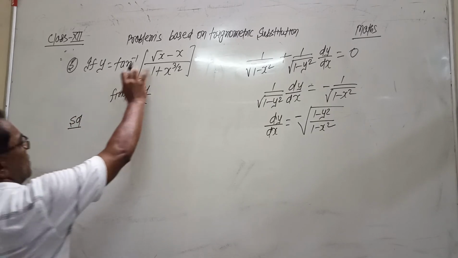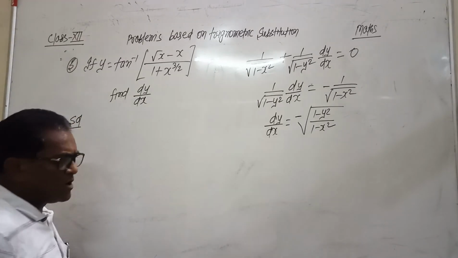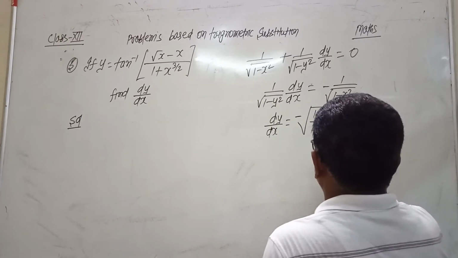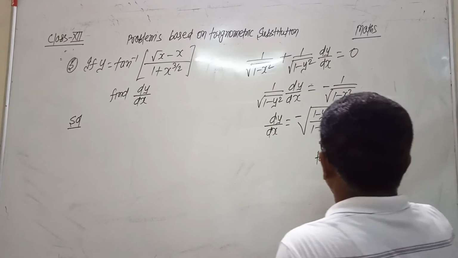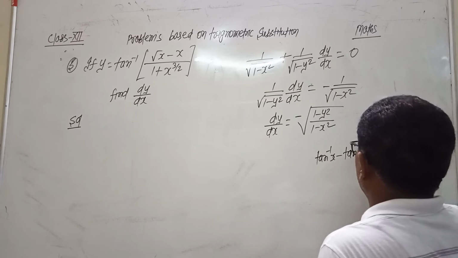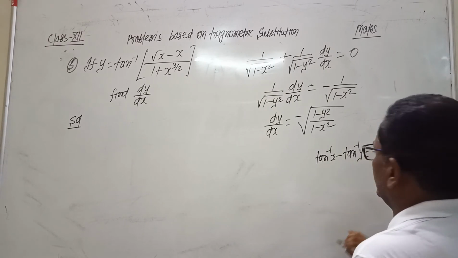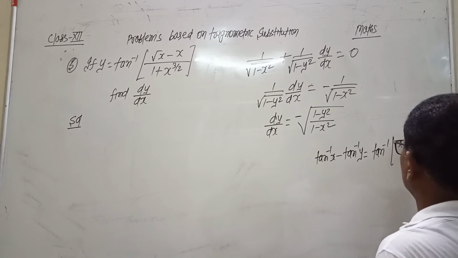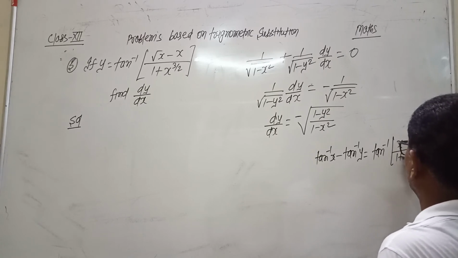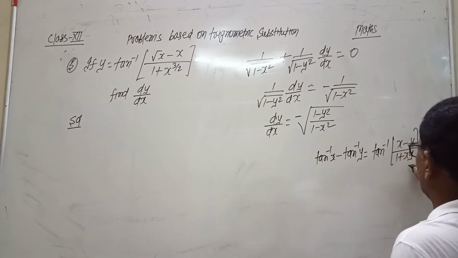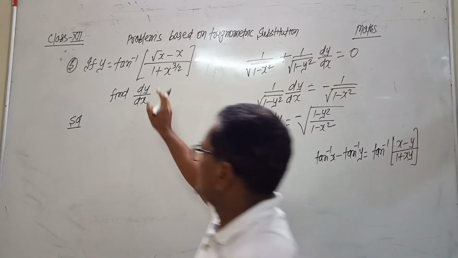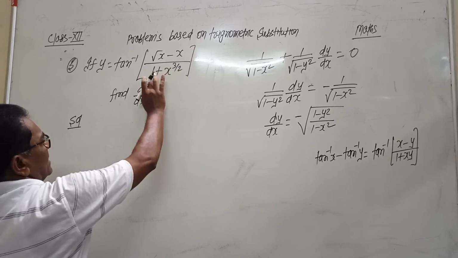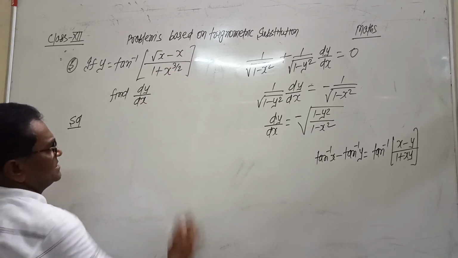So this is of the form tan inverse x minus tan inverse y. The formula for tan inverse x minus tan inverse y is equal to tan inverse of x minus y upon 1 plus x into y.